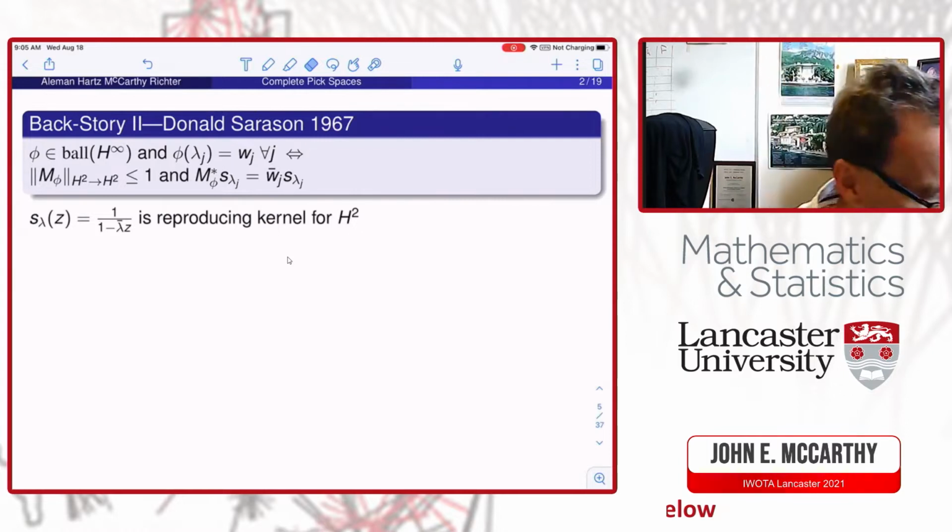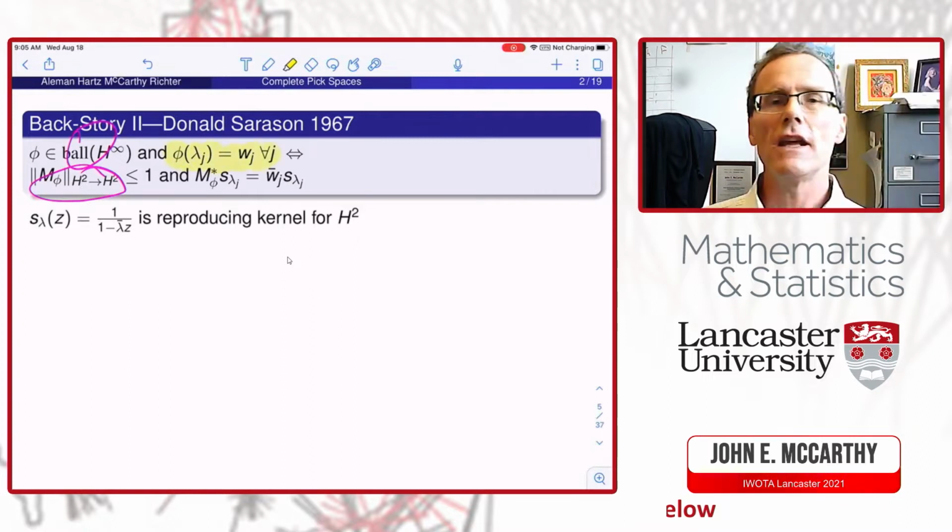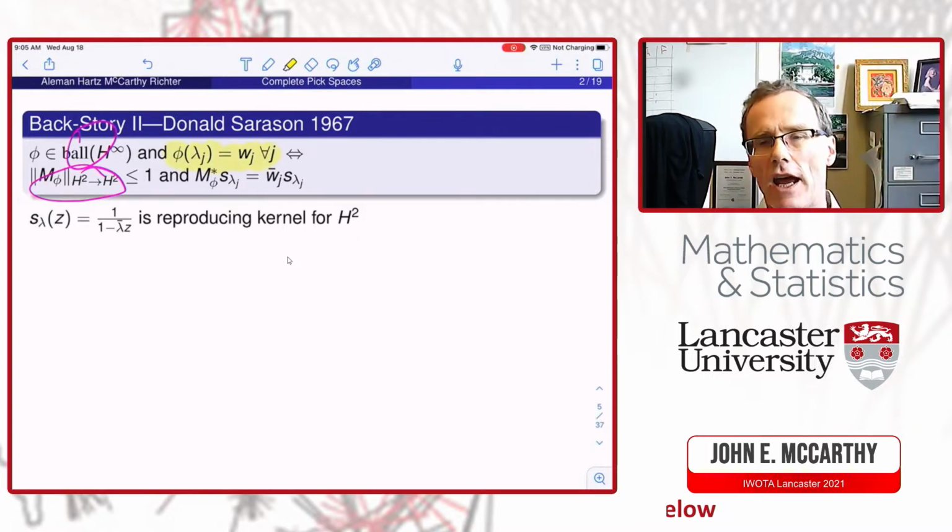So the condition that phi be in the ball of H infinity is exactly the same as the condition that the multiplier norm from H2 to H2 is less than or equal to 1. And then the interpolation condition, that phi of lambda j is equal to wj, can also be interpreted if you look at the multiplier operator.